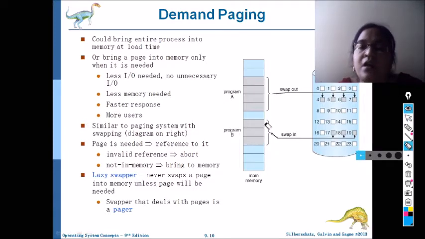Now suppose program A has finished its execution, or some of its pages are not being utilized for a long duration of time. Program B had 3 pages brought in and executed, and right now it needs some more pages. For that there is no space, as all the other frames have been allocated to other processes. So now you can swap in some other pages.